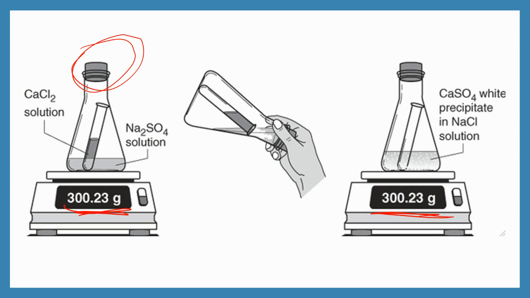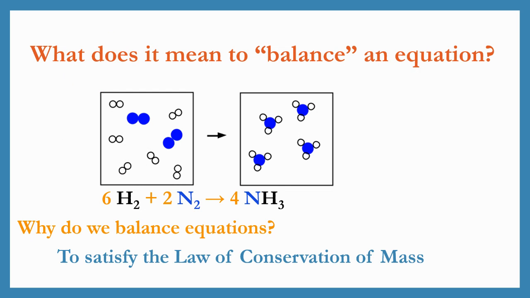The reason it's lighter is because the carbon dioxide and the water are left. And if you captured those and kept them all together, you would see that it weighed the same. So we do all of the balancing equations, which is what we're going to get into now.